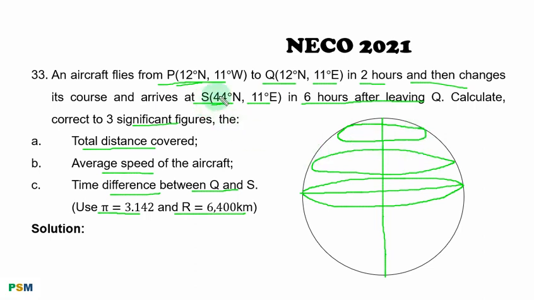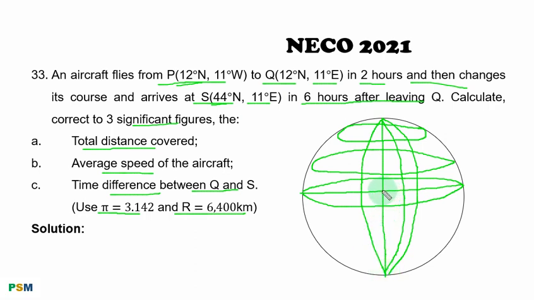Now we have two longitudes on different sides of the prime meridian. Let's draw the prime meridian on the east side. It can be on the west as well. That is longitude 0 degrees. Then you draw longitude 11 degrees east and longitude 11 degrees west.